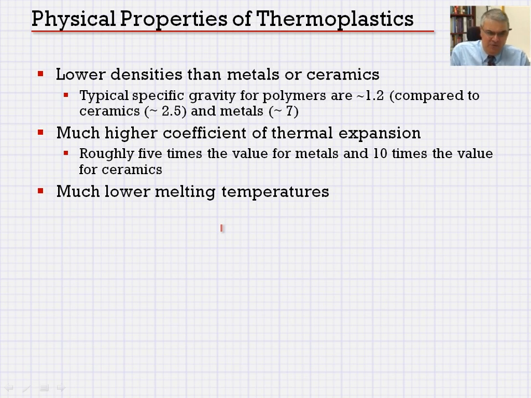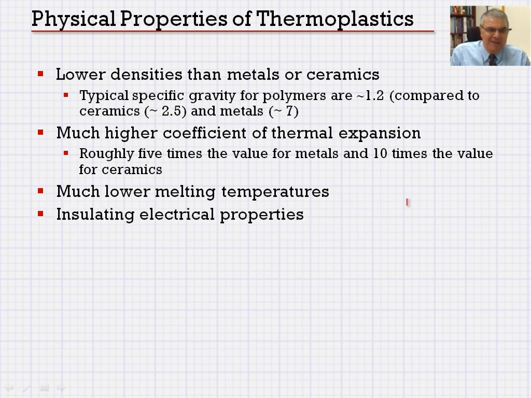Much higher coefficient of thermal expansion is associated with thermoplastics. The coefficient of thermal expansion is roughly 5 times the value of metals and 10 times the value for ceramics.